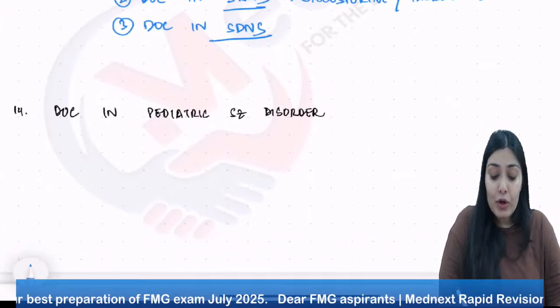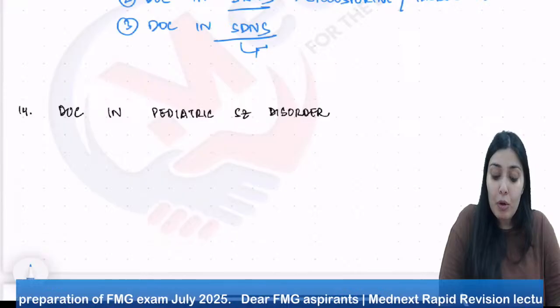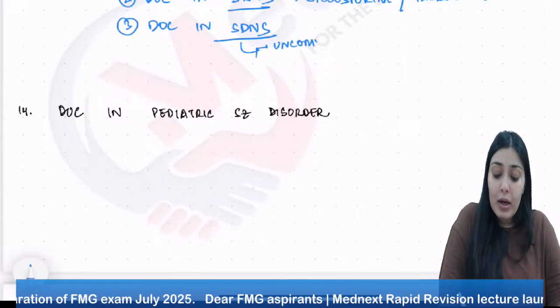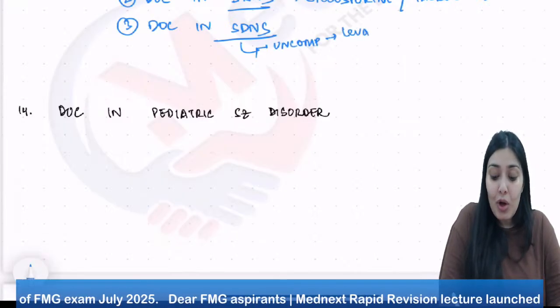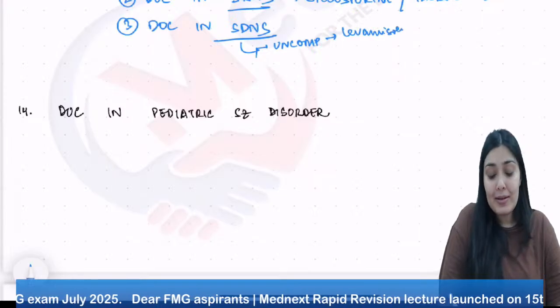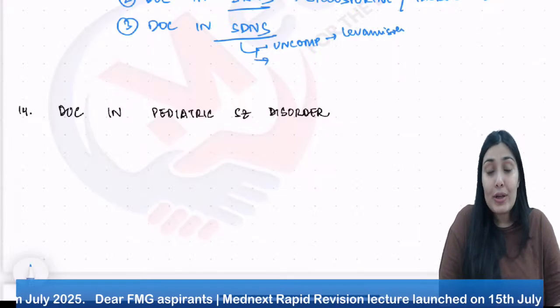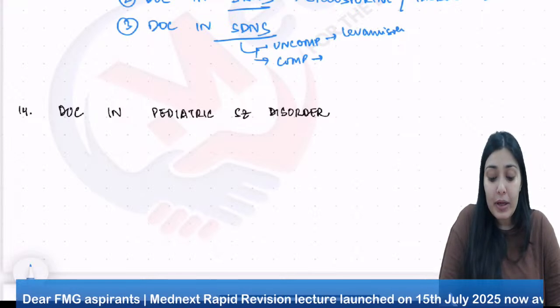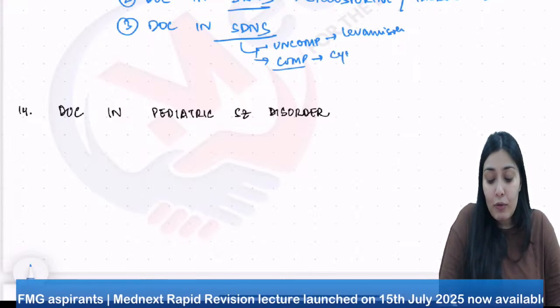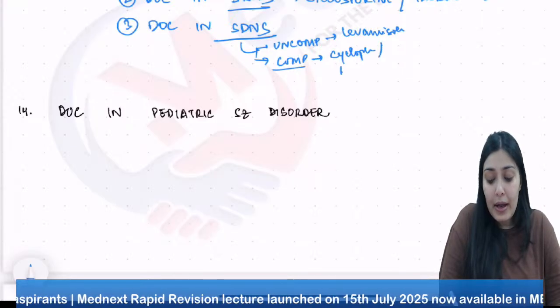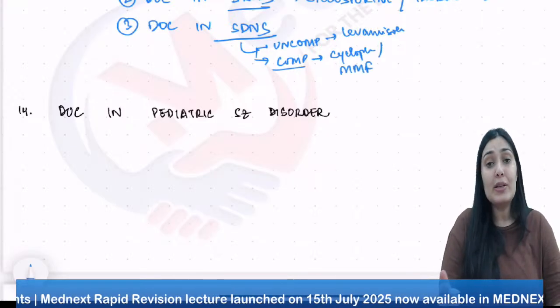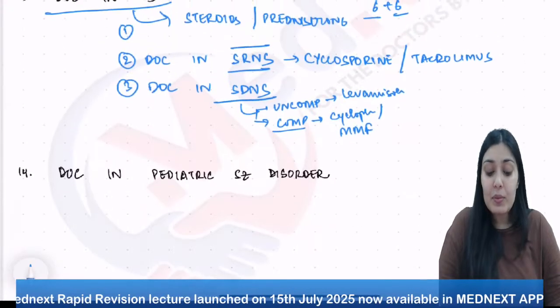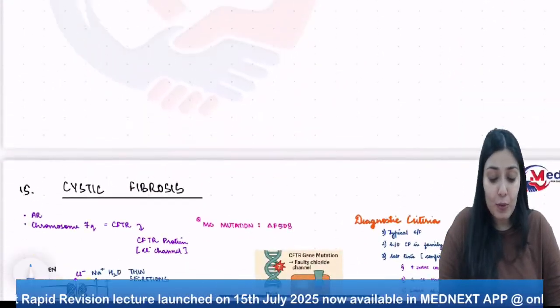In dependent nephrotic syndrome, remember, if it is an uncomplicated scenario, the answer would be levamisole. If it is a complicated scenario with steroid toxicity, then the answer better would be cyclophosphamide or MMF, that is mycophenolate mofetil.